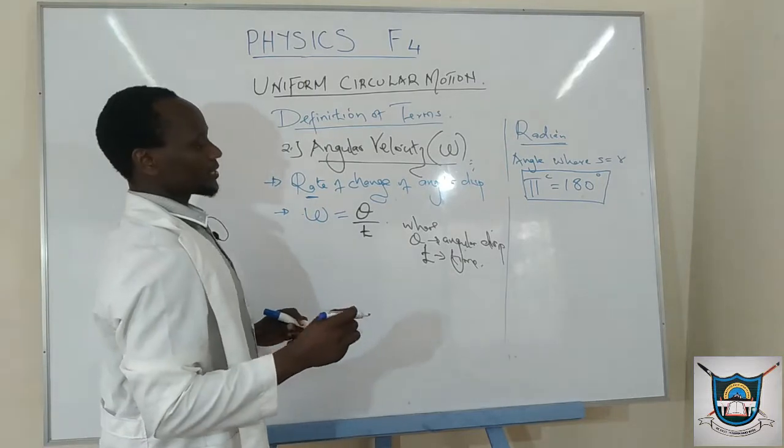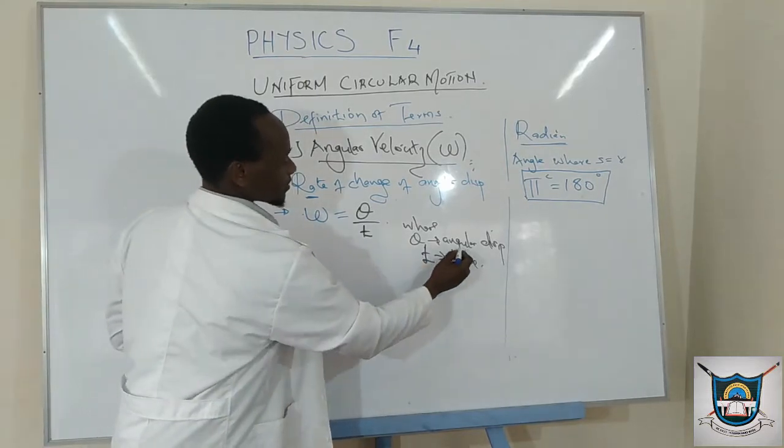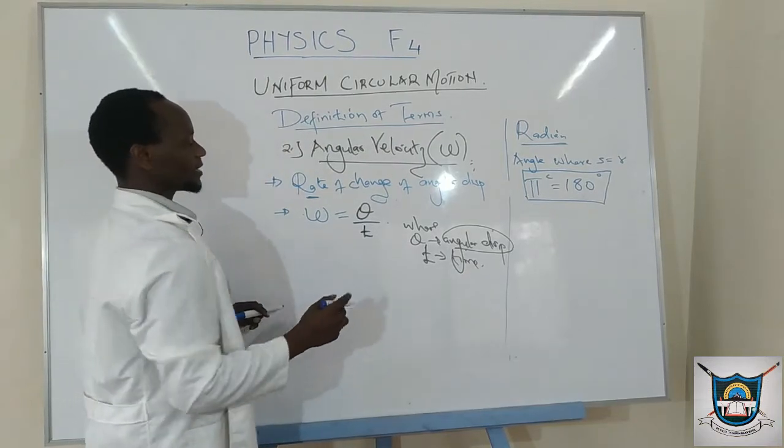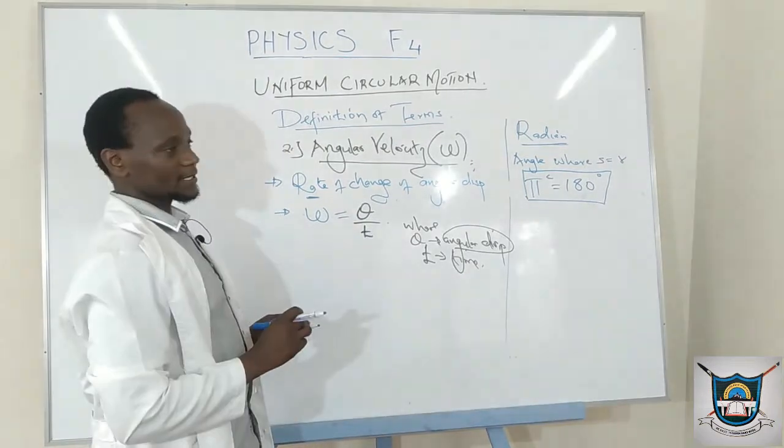Remember we said the SI unit of angular displacement is the radian and the SI unit of time is seconds.